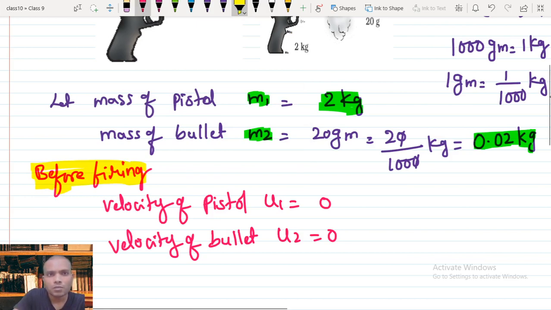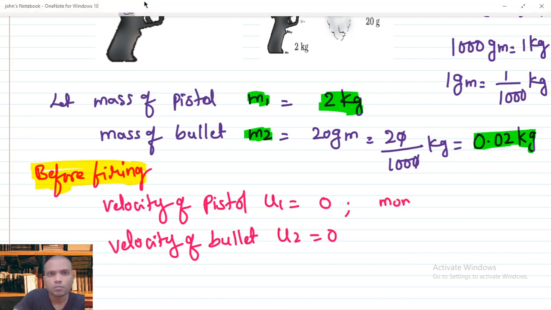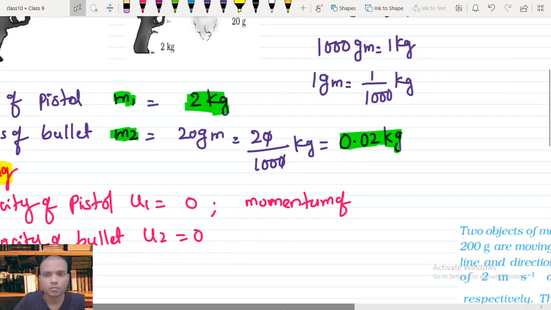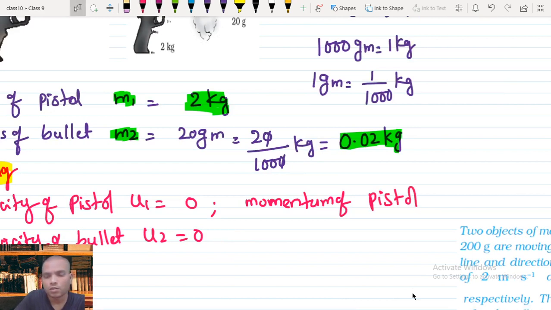So if the velocity of the pistol is equal to 0, what about momentum? Momentum of pistol, with formula m1 u1, is equal to 0 because u1 is 0.